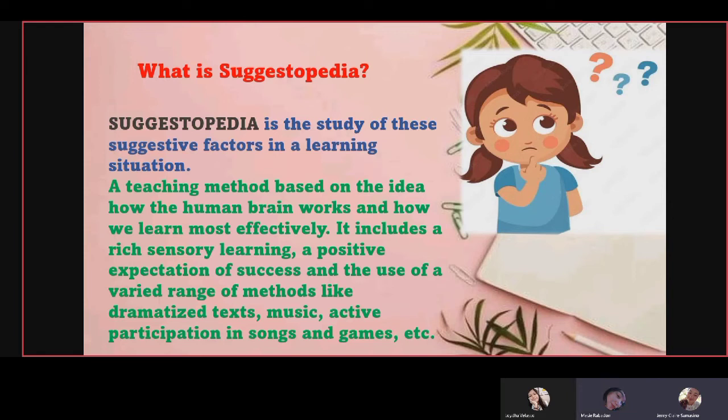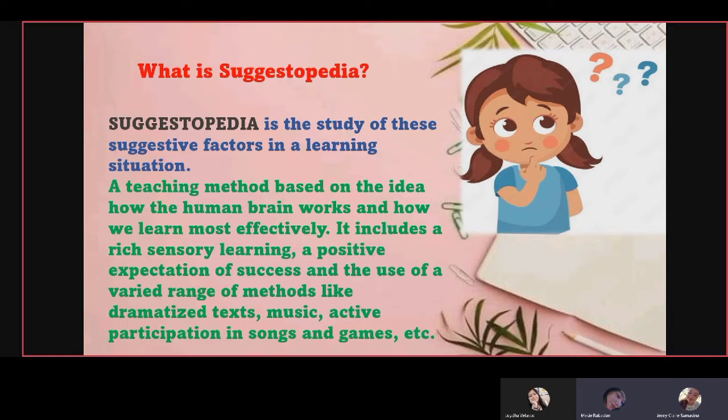So, what is Suggestopedia? Suggestopedia is a study of these suggestive factors in a learning situation. A teaching method based on the idea of how the human brain works and how we learn most effectively.